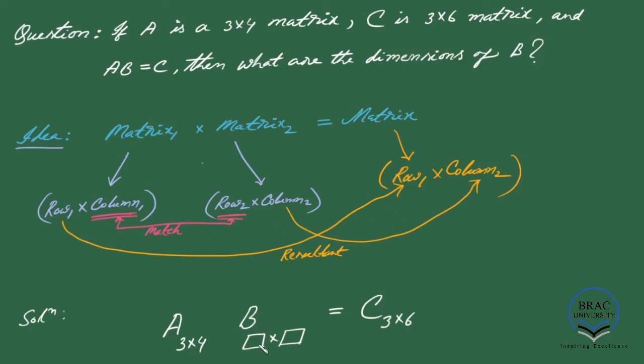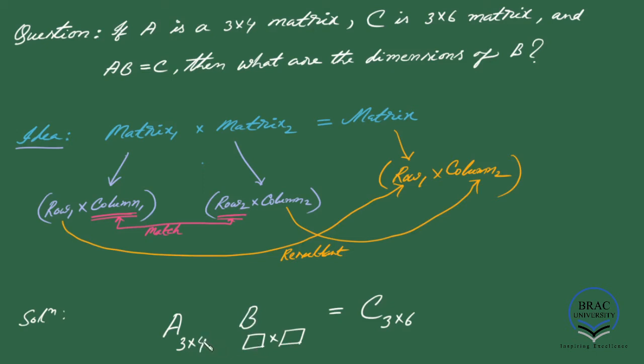What is the row number for matrix B? We learned that for two matrices to be able to multiply, the row number of the second matrix should match the column number of the first matrix.